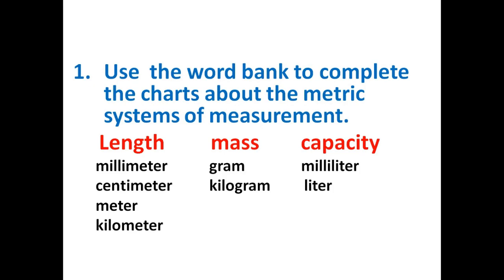And our next is capacity. We will select from the given information what will come in the chart of capacity. Milliliter, that is ml, and after that liter. These are the units of capacity.